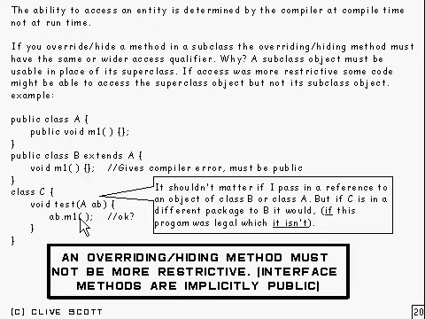Okay? If you take a really extreme case, for instance, where it was private, you shouldn't be able to get at it at all. Okay, so that's why. In general, an overriding or hiding method must not be more restrictive. And normally, you just keep the access the same.